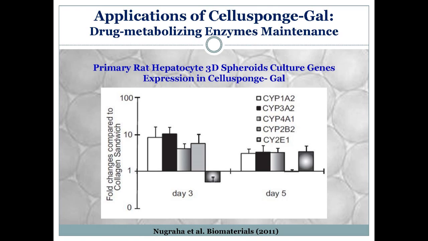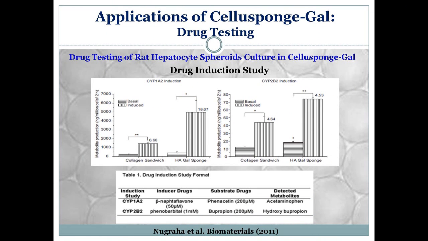But on day 5, the spheroid culture in Cellosponge Gelatos shows a 3.42-fold higher expression of CYP2E1 than that in collagen sandwich. On the bottom, in Table 1, you see two different kinds of inducer drugs. They are standard drugs used by BD to test drug response of hepatocyte cells.